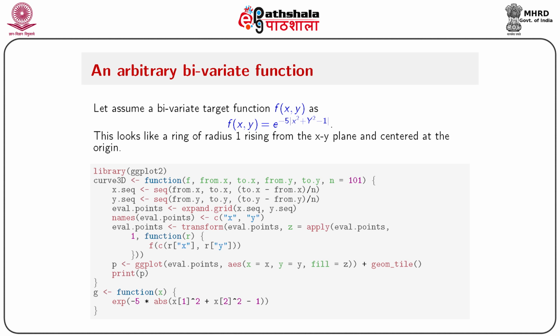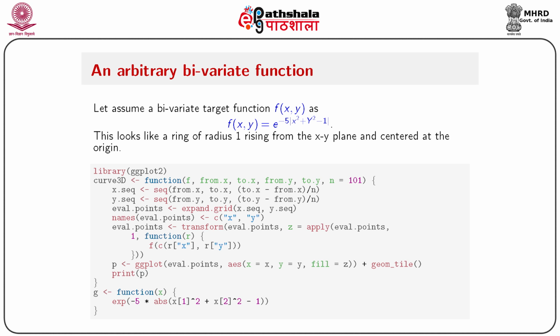Just go through this function, and it will tell you how I developed a curve3D function that will help you to draw the 3D curve. In the next slide I will show you.